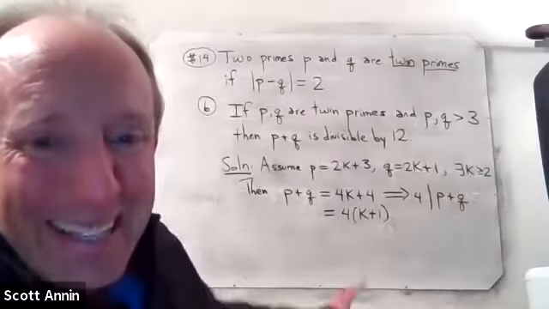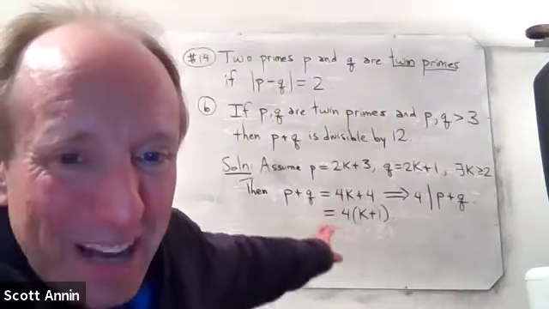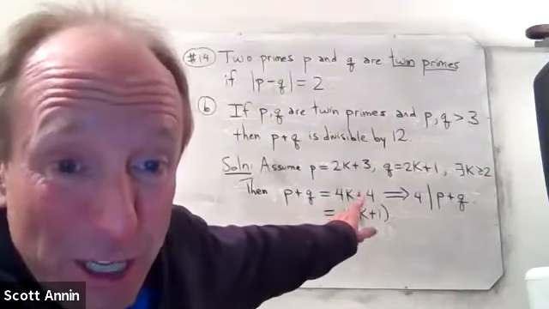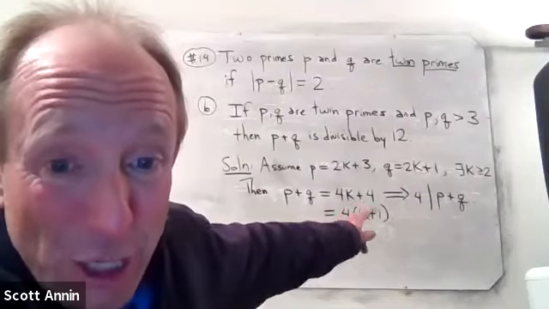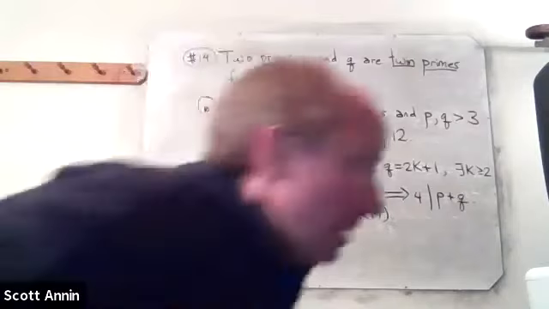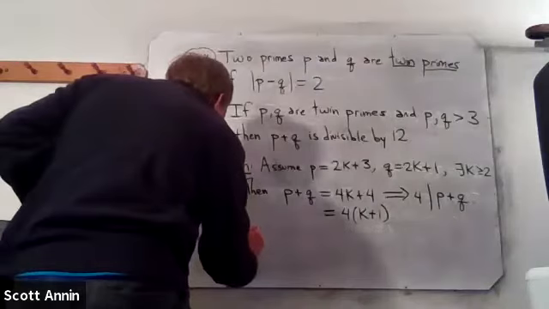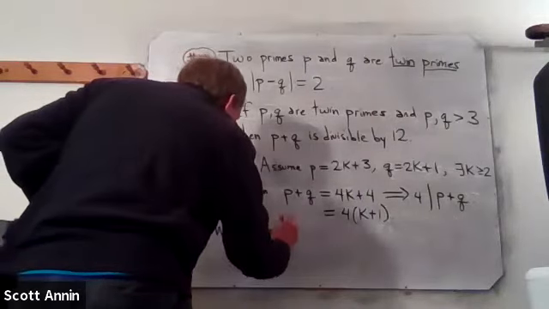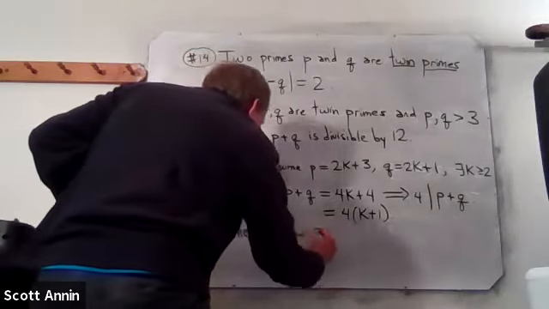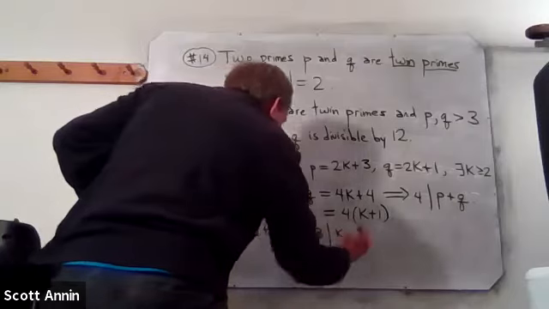And so if I want to show that 3 divides this whole expression, we really need to show that it divides k plus 1. So we need to show now that 3 divides k plus 1.